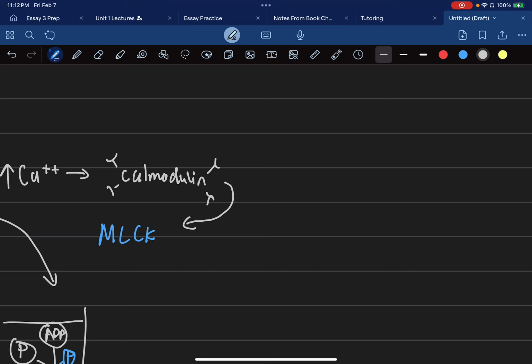excite the MLCK. So let's say MLCK kind of looks like a snake trying to eat its tail. That's the inhibited position. The calmodulin comes in and the MLCK straightens out and is now able to phosphorylate our myosin. So let's say the calmodulin's right here.